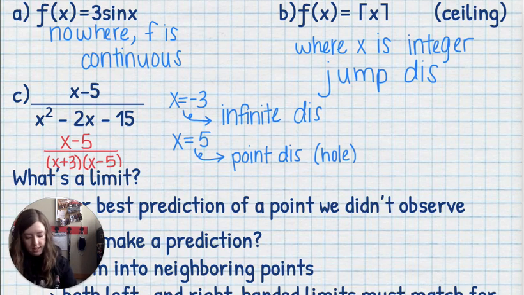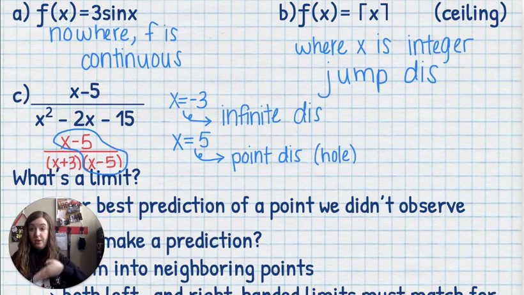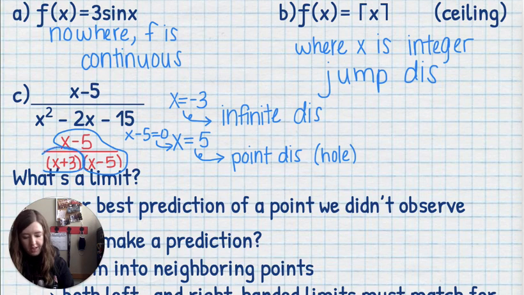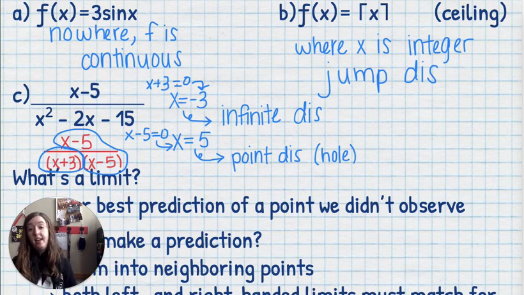So since this x minus 5 piece would have canceled out, that's where our hole is. So we would have set x minus 5 equal to 0, and then we have that hole at x equals 5. Over here, we can't divide by 0, so after that x minus 5 cancels out, we're left with that x plus 3, and we'll set him equal to 0. And that means we have an asymptote there at -3.